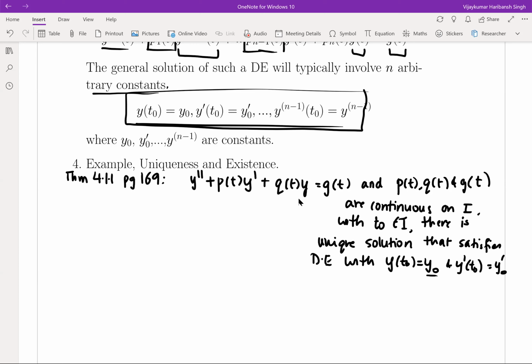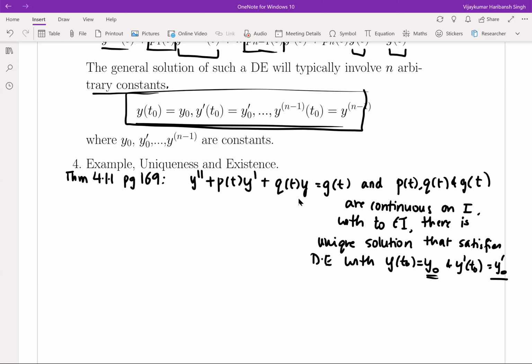This is not the derivative of y naught; it is just some other number, y naught prime. So the uniqueness is also a consequence of the initial value problem. You should be given the initial values to determine the solution uniquely.